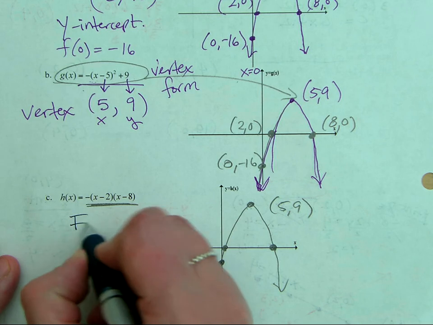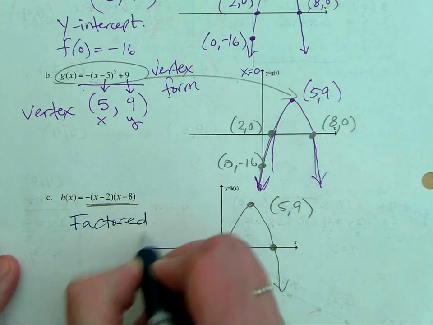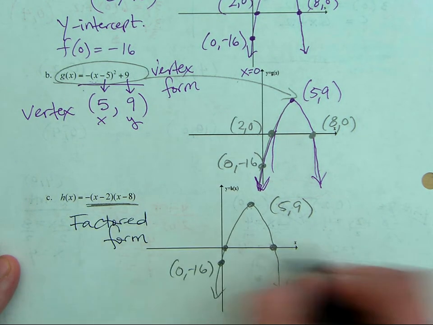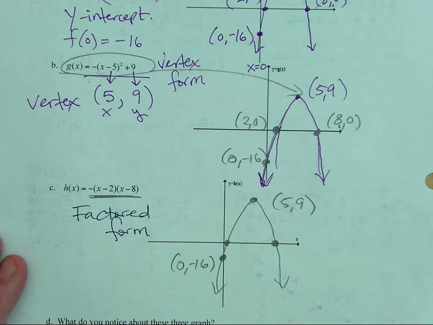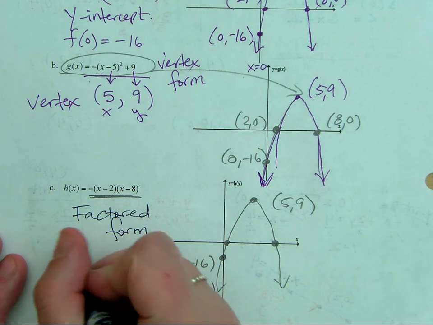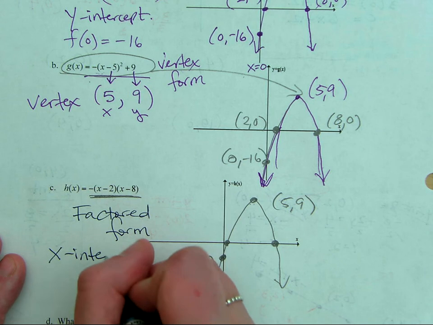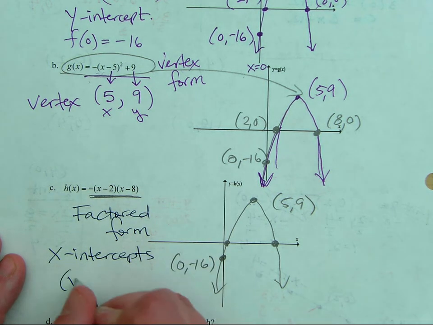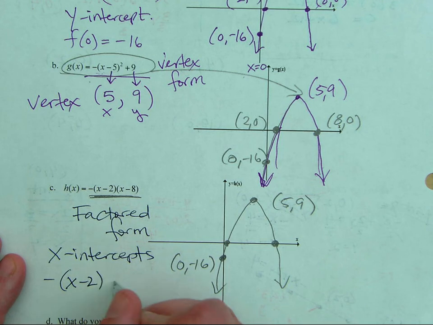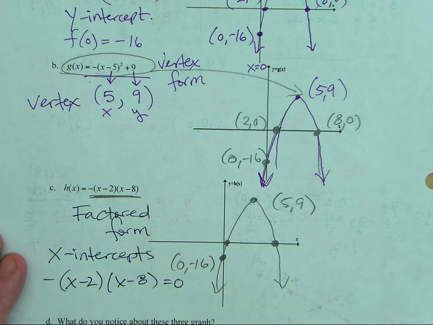So this is what we call factored form. And what part of the graph do you think we're able to easily find from the factored form? The x-intercepts. Because remember, a long time ago, we would solve by setting x minus 2, well, we can write it make negative, x minus 8. We could set that equal to 0, and then we get x equals 2, x equals 8.